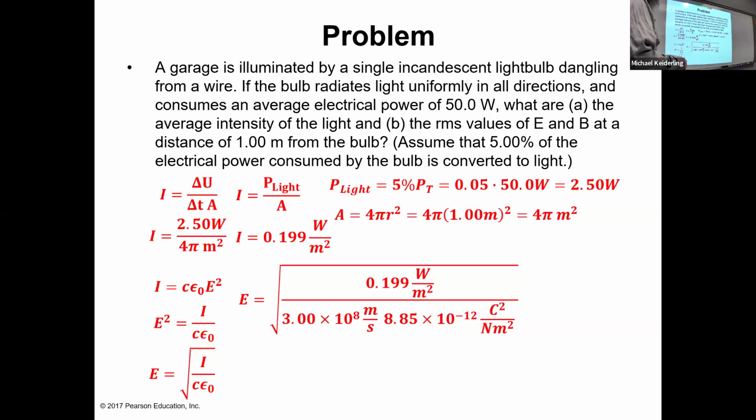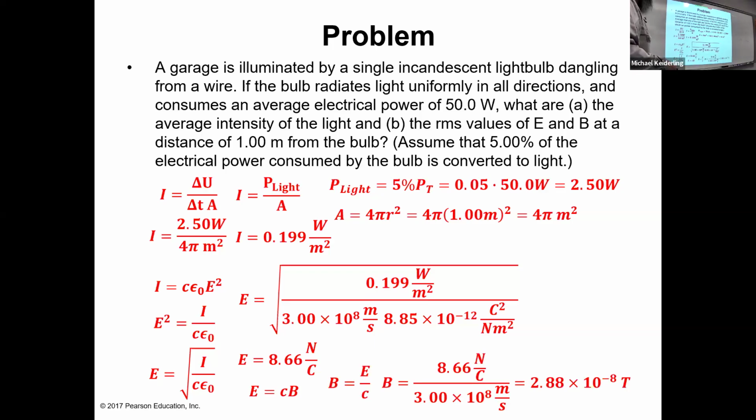So the square root of 0.199 watts per square meter over 3 times 10 to the 8 times 8.85 times 10 to the minus 12 gives you 8.66 newtons per coulomb. And then to get the magnetic field, we divide that by the speed of light, and we get 2.88 times 10 to the minus 8 Tesla. Any questions about this?